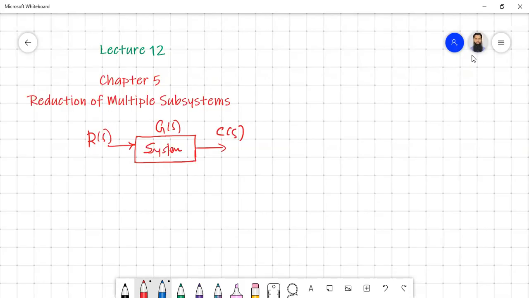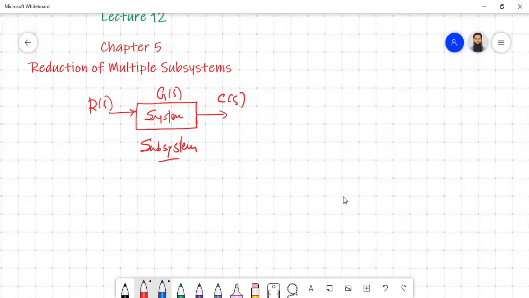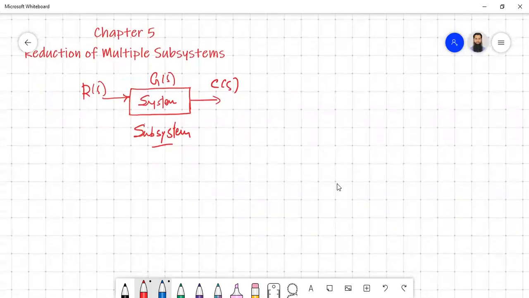So this can be one subsystem. Similarly, a large system like an aircraft or radar system can have multiple subsystems, and they are represented with the interconnection.